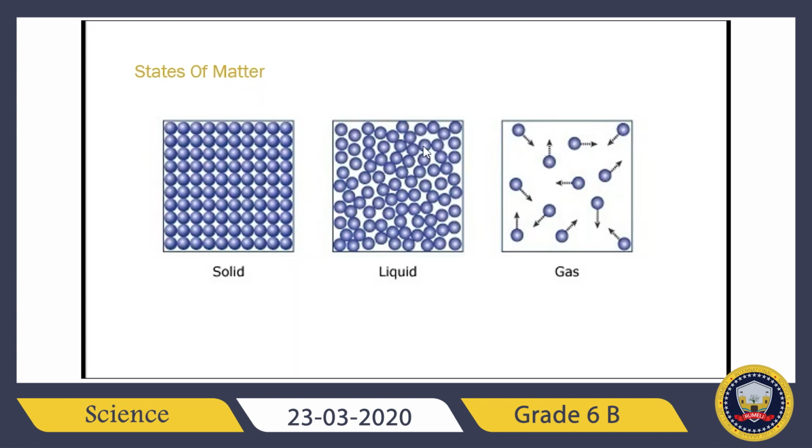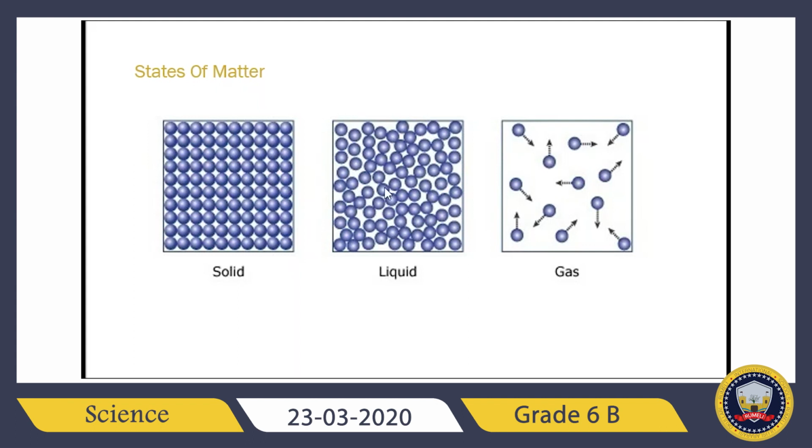So if we need to discuss the volume and the shape of the liquid, whether the liquid has a definite volume or not, or a definite shape or not, again we need to consider the arrangement of these particles.